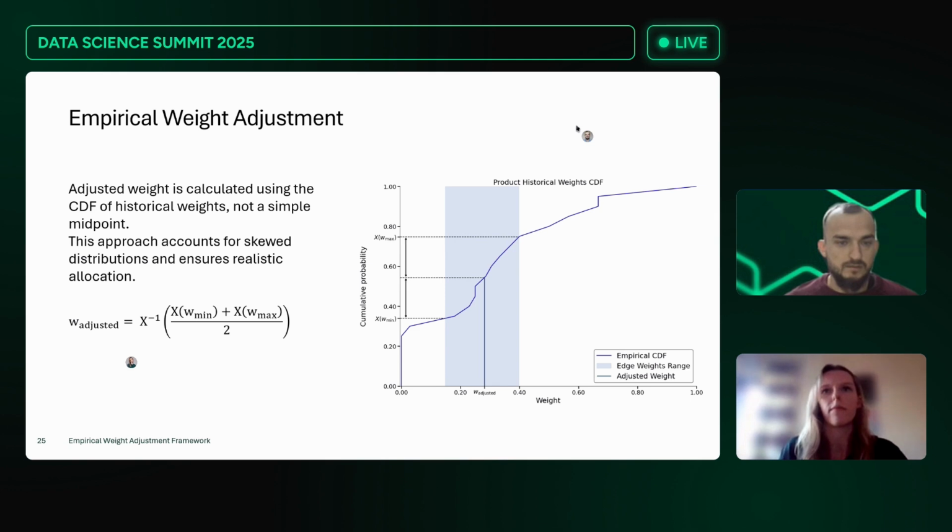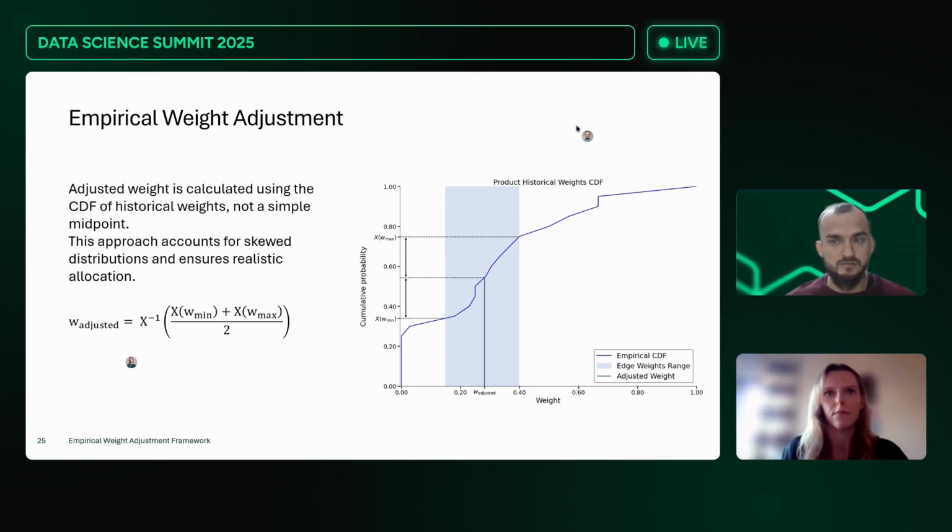So effectively, the adjusted weight is the median value in the range between these two edge weights.